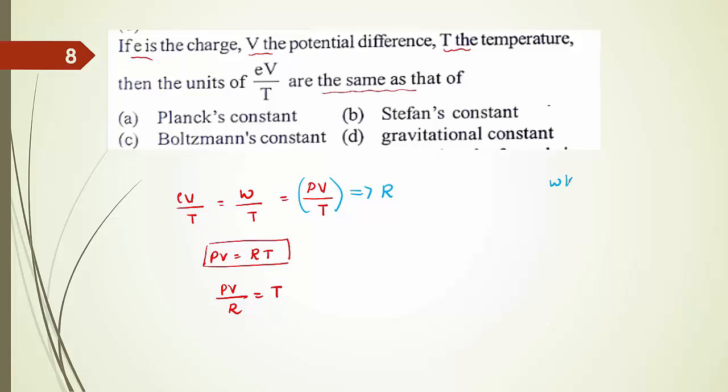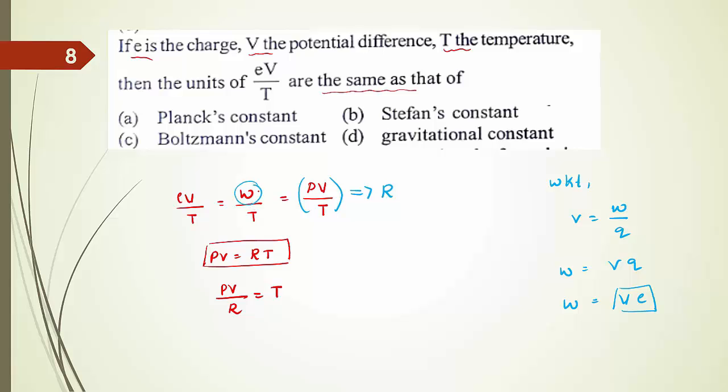We know that potential difference is given by V equals W by Q. W equals V into Q, where Q indicates charge. So we can write the charge of the electron as E. In place of E into V, I wrote work done.